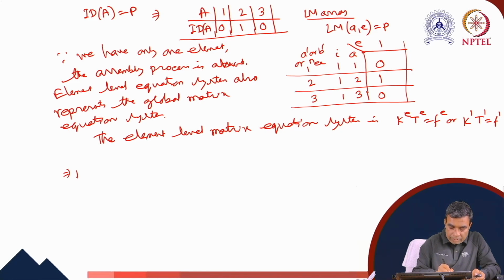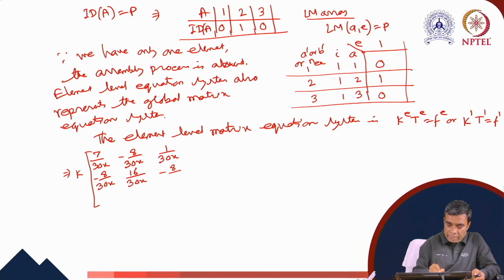This gives us thermal conductivity into 7 by 3 delta x, minus 8 by 3 delta x, 1 by 3 delta x; minus 8 by 3 delta x, 16 by 3 delta x, minus 8 by 3 delta x; 1 by 3 delta x, minus 8 by 3 delta x, 7 by 3 delta x.